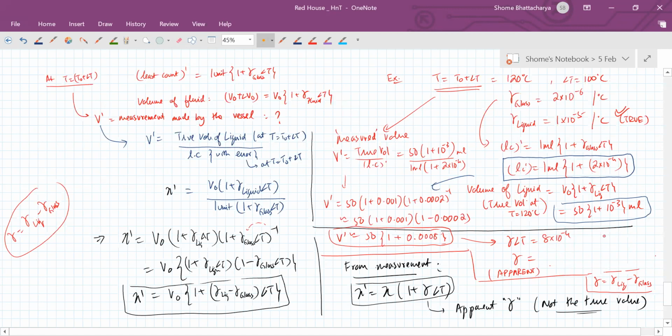Okay. And delta T was 100. So the gamma apparent is becoming 8 into 10 raised power minus 6. Okay. Which is, by the way, this. It is the difference of these two.